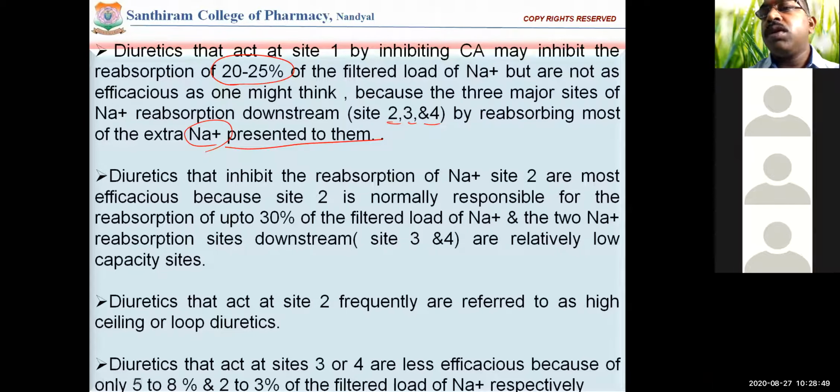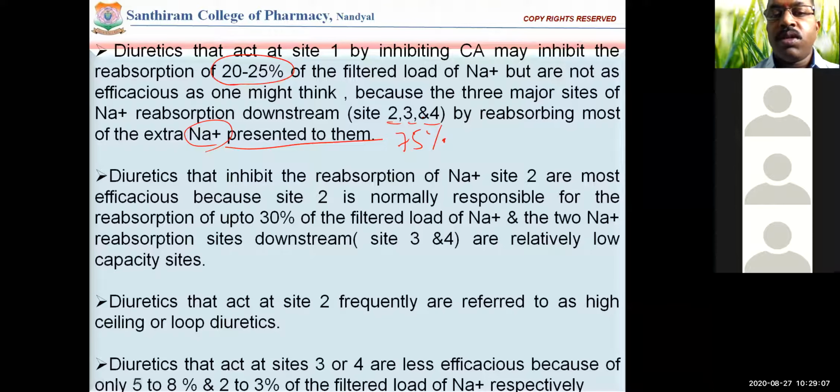So this is not the best site to prevent the reabsorption process, because only 20 to 25% is the target. Another 75% of the ions are being reabsorbed from the other sites 2, 3, and 4.